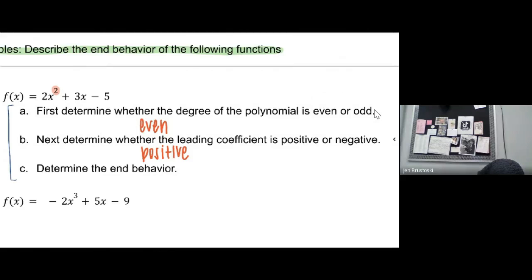And you guys can use the cheat sheet for now to determine the end behavior. However, eventually you're going to get to a point where I want you to think, okay, if I have an even function, I know it's going to be a U shape. So it's going to be a U shape like this if it's even and positive. So I can even draw a little thing to help me out. And so my end behavior is going to be, as x approaches negative infinity first, so this is the left, where is y going?